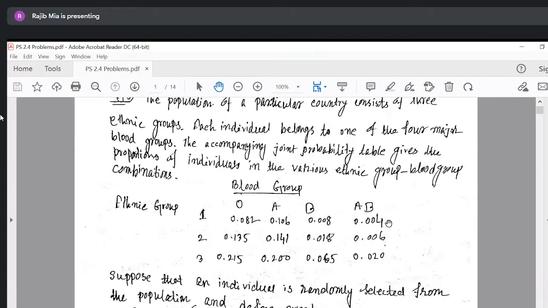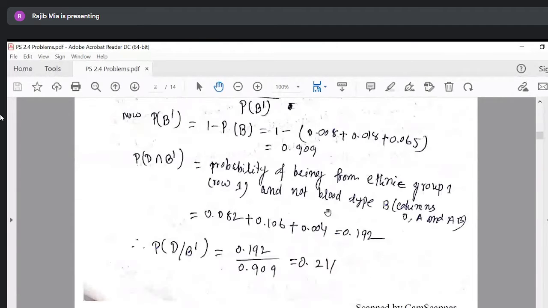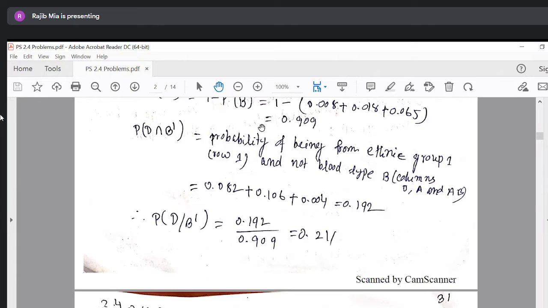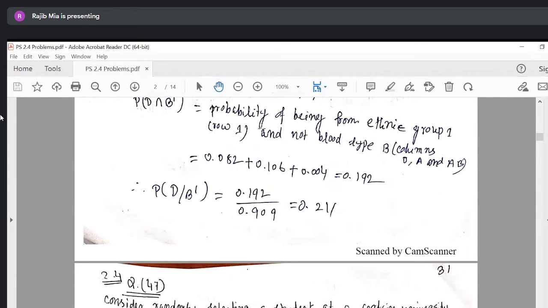This is probability of D intersection B complement, which is 0.192. Then probability of D by B complement equals 0.211.